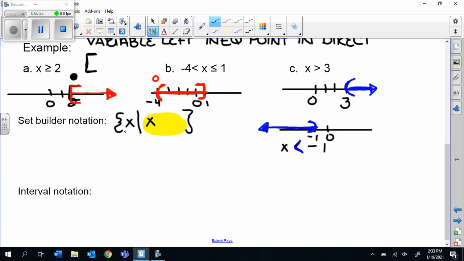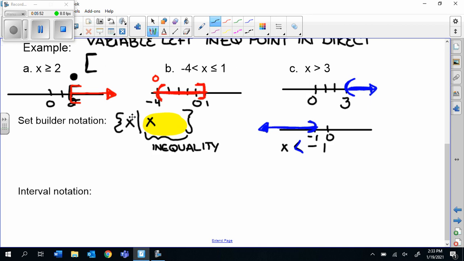So set builder, you have these little funky set brackets here. You write this X, you draw this vertical line here, and then where I have in yellow, this is the part right here that's going to be the inequality. You just rewrite the inequality, basically. It's not hard, I just think it's kind of silly that we have to write it in this fashion.